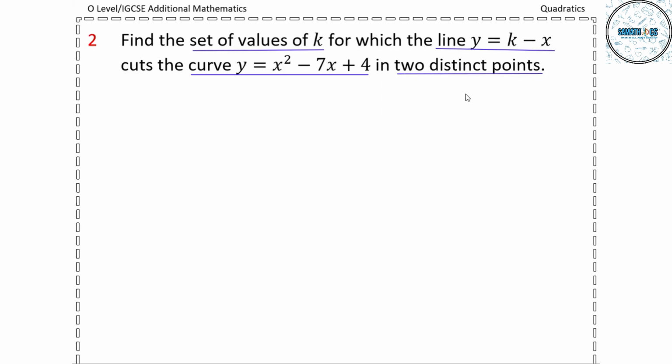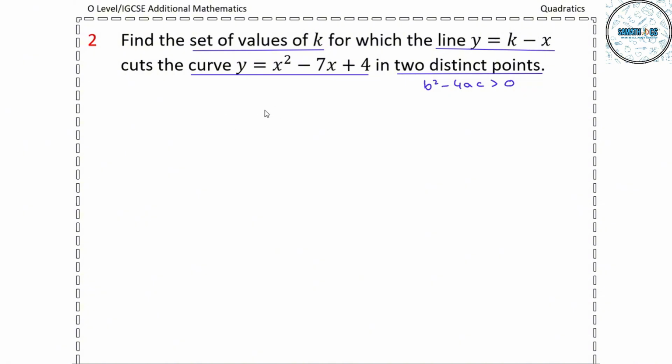When the line cuts the curve in two distinct points, it means b squared minus 4ac is greater than 0. So first of all, we will solve these two equations simultaneously. We will substitute the value of y from the equation of the curve into the equation of the line.